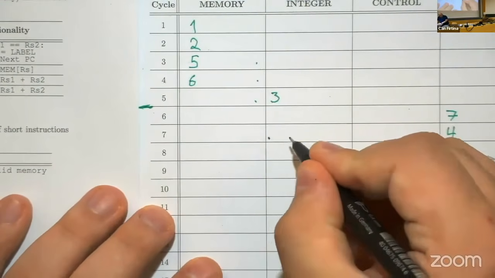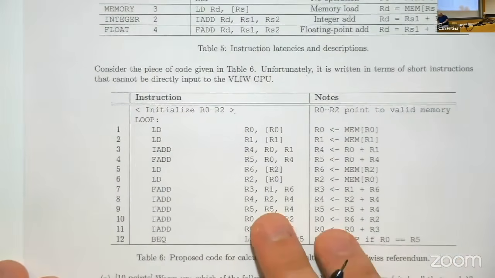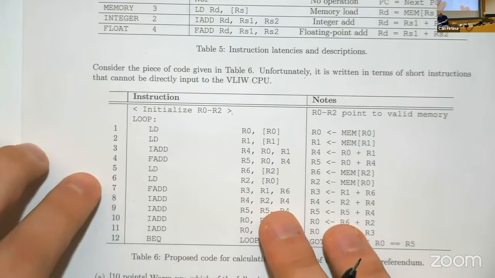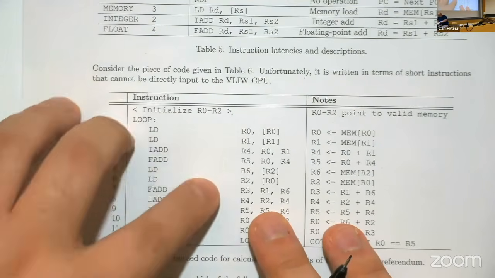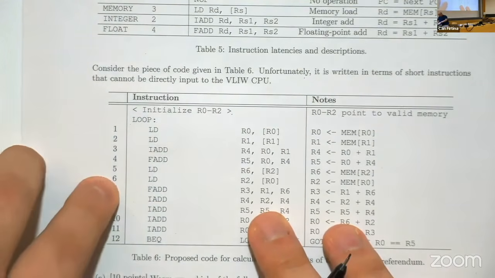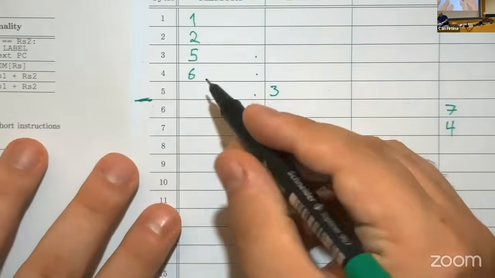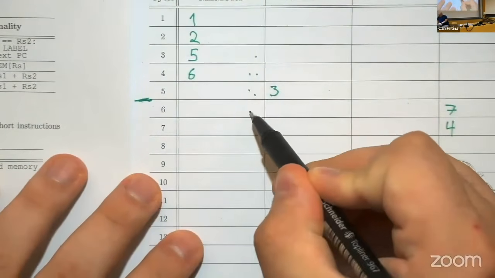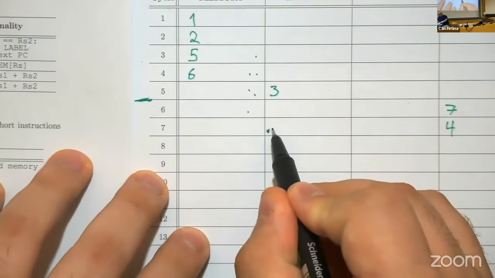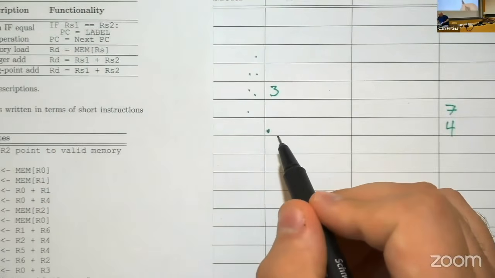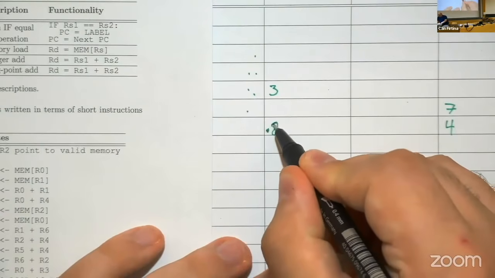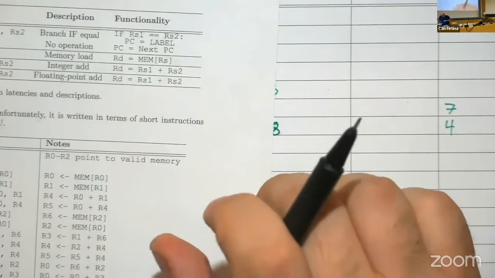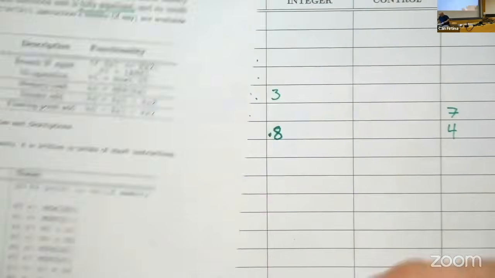Then we look at the other dependency, R2, which comes from load with label 6. That has a latency of 3 cycles, so it would also be available here. So we can schedule the IAdd, the instruction with index 8, here. Still matching up with the solutions, which is great news.